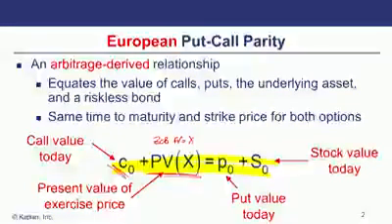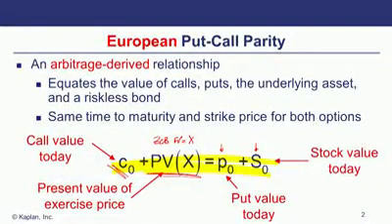It's not just any random zero coupon bond. It's a zero coupon bond whose face value has to be the strike of the call. That is an assumption we cannot violate if we want this equation to work. The right hand side, we've got a European put, and then we've got the actual underlying asset represented by S.